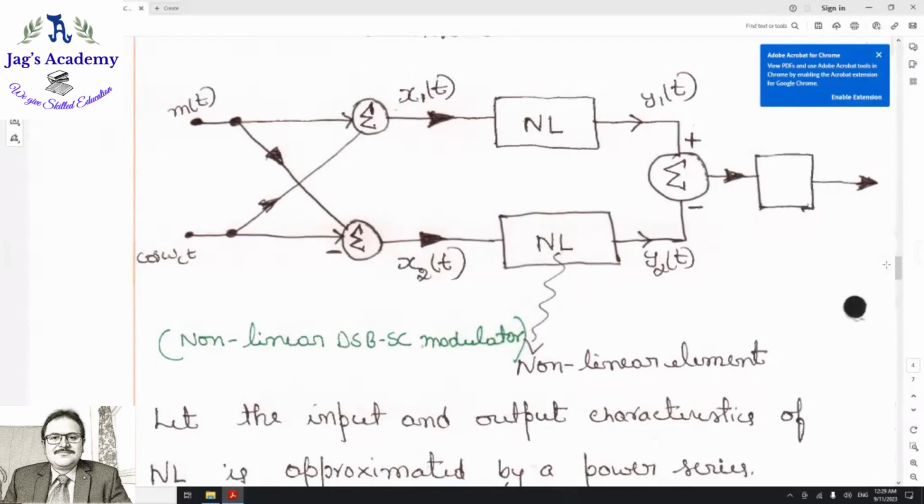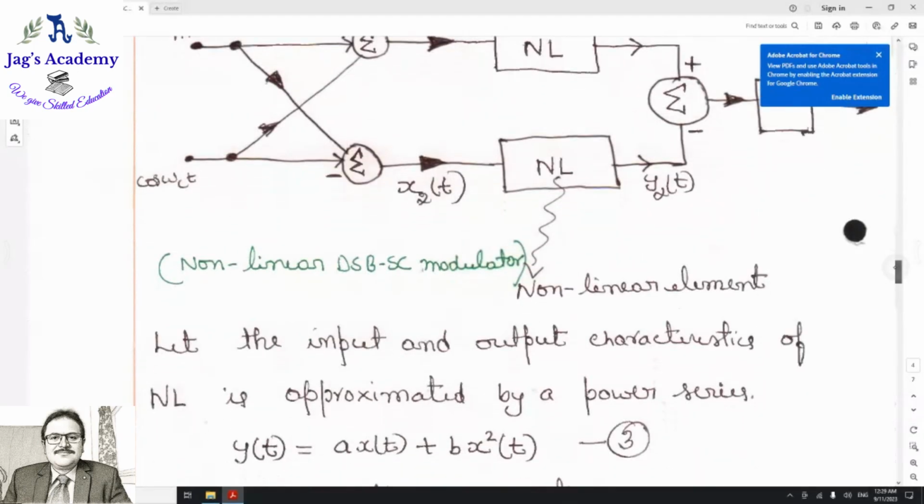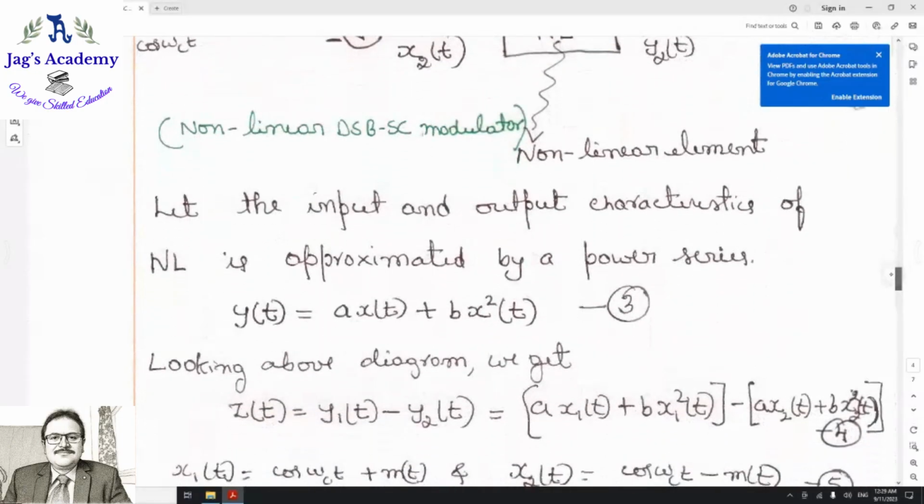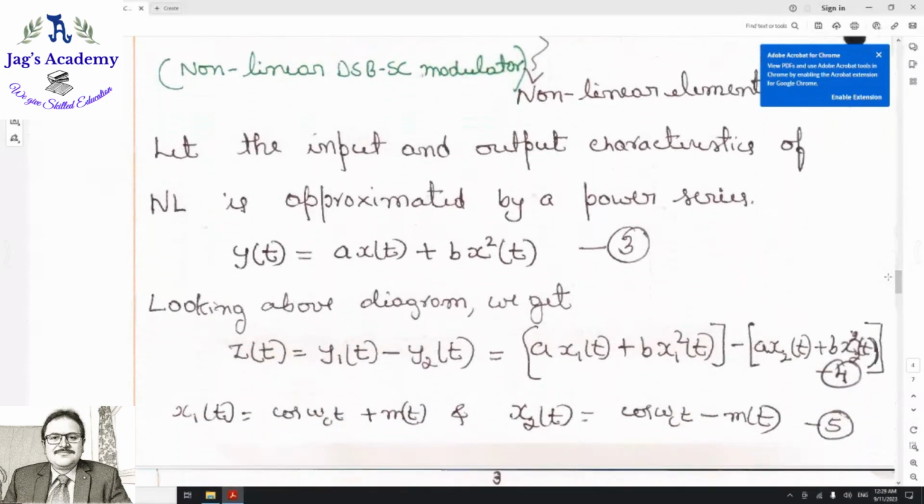See here, the input-output characteristics of a nonlinear device are approximated by a power series, that is, y of t equals a into x of t plus b into x square of t.